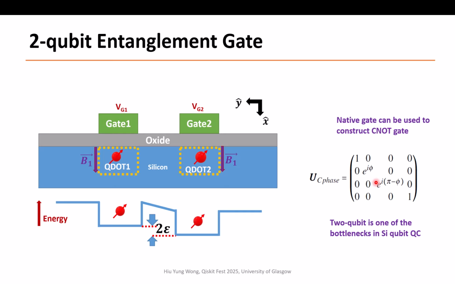You might use this gate directly later, but the main point is that we are not using the CNOT gate because this is not native to the physical system of spin qubits. Just like what I showed you earlier, we are not using the CNOT gate for superconducting qubits, we use the iSWAP gate. But they are equivalent. So remember, when you have a circuit, you have a CNOT gate, you send it to a different platform, right?